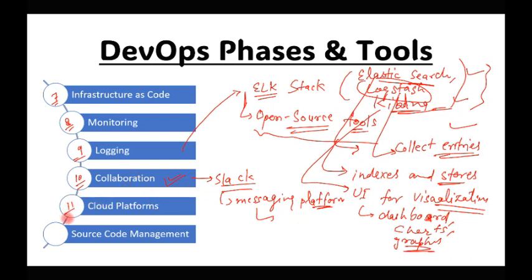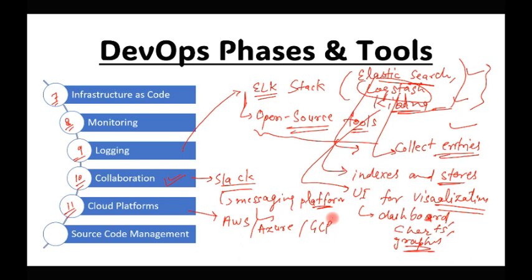Next phase we have is cloud platform. What exactly is it? As you all are aware, we have different cloud platforms like AWS, Azure, GCP, Oracle Cloud, IBM Cloud. There are many clouds available in the market. It's a cloud computing platform which offers a variety of services. These services are for computing, storage, and networking, which are related to our application.